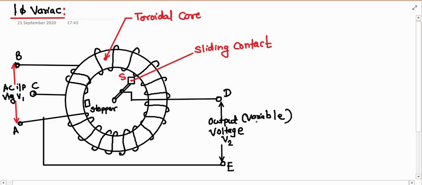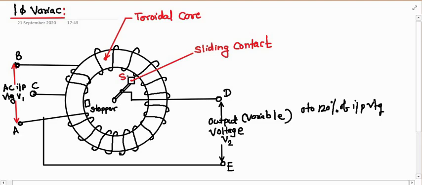This is the continuously variable output voltage V2 from 0 to about 120% of the input voltage that can be obtained across the output terminals D and E. How to obtain it?